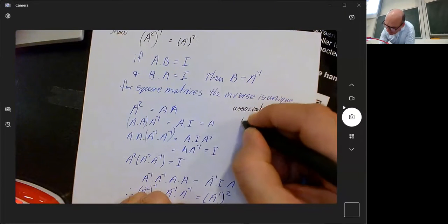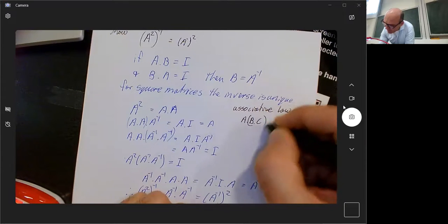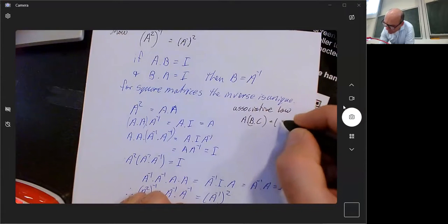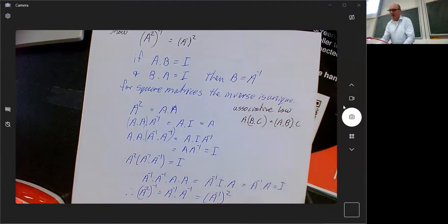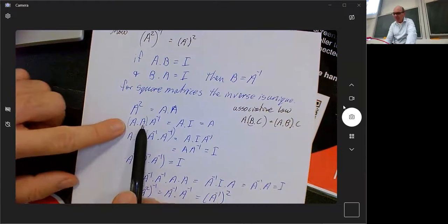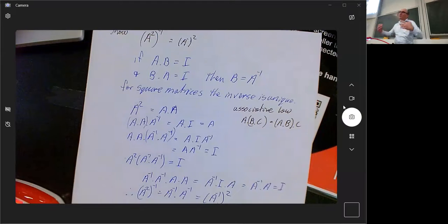If I have A times B times C, I can group them, but that grouping can be changed. I have to do adjacent matrices. So A times B times C is like doing A times B, then times C. Or equivalently, it's AB times C. I might have had this as a single matrix, but I could group it differently.